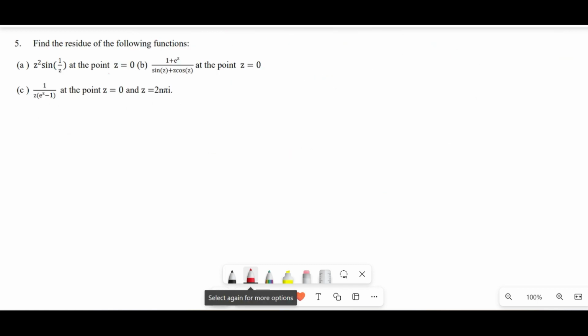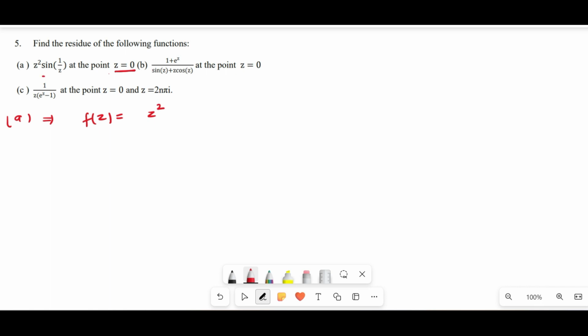So now in problem 5, we need to find the residue of all complex valued functions at the given singularity. So in problem first, the f of z can be written using the Taylor series or Laurent series expansion of the given function.